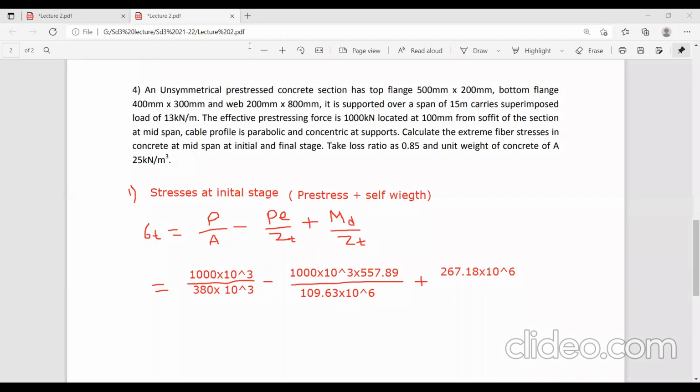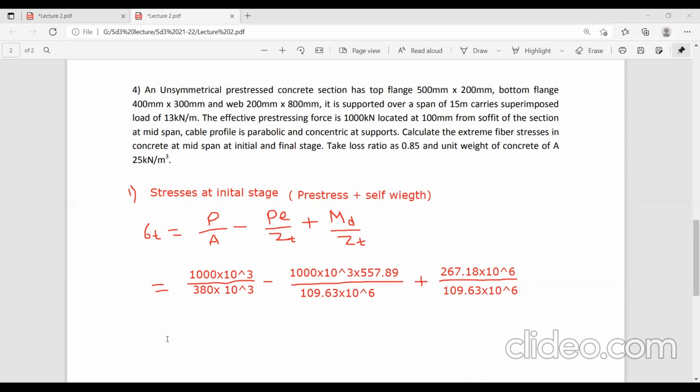That's why 10 raised to 6, divided by again 109.63 into 10 raised to power 6.